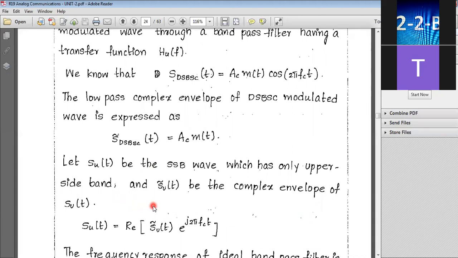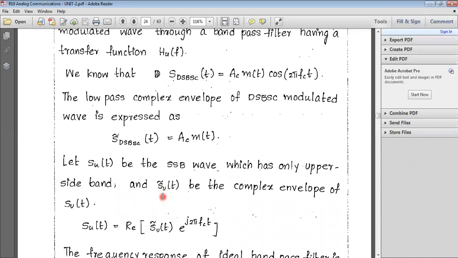And the complex envelope for that signal is considered as Su of t envelope. Here what is our aim? Here we want to calculate the SSB signal in time domain. So this is the representation.